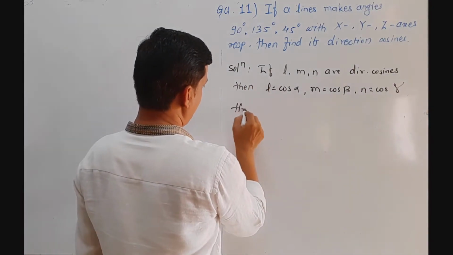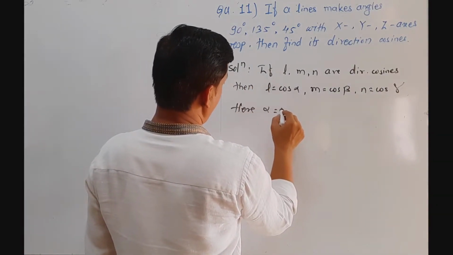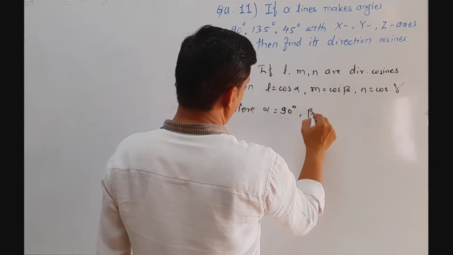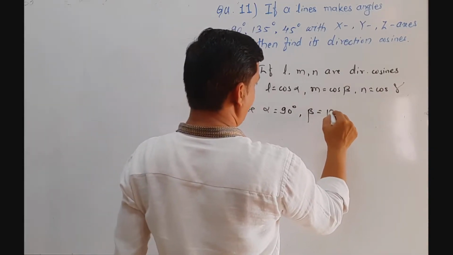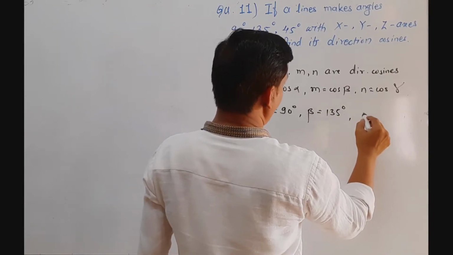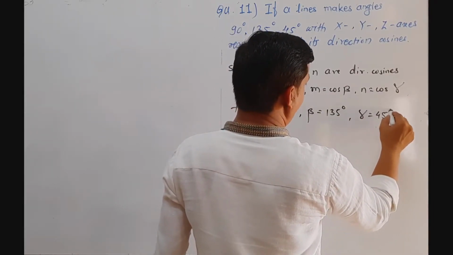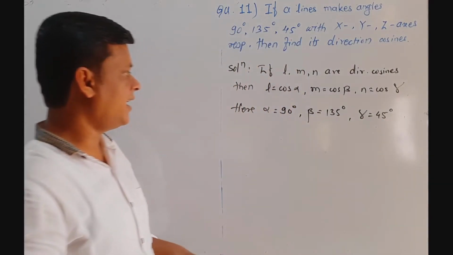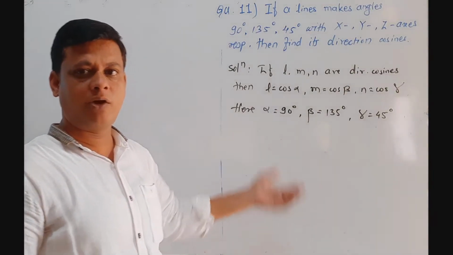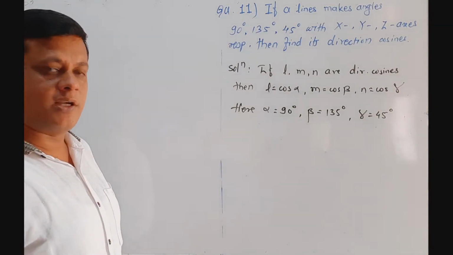Now here alpha is equal to 90 degrees, beta is equal to 135 degrees and gamma is equal to 45 degrees. That means the direction angles are given, and from them we have to find the direction cosines.